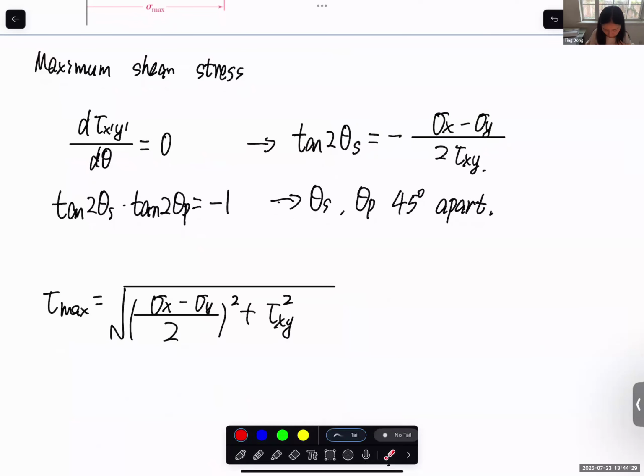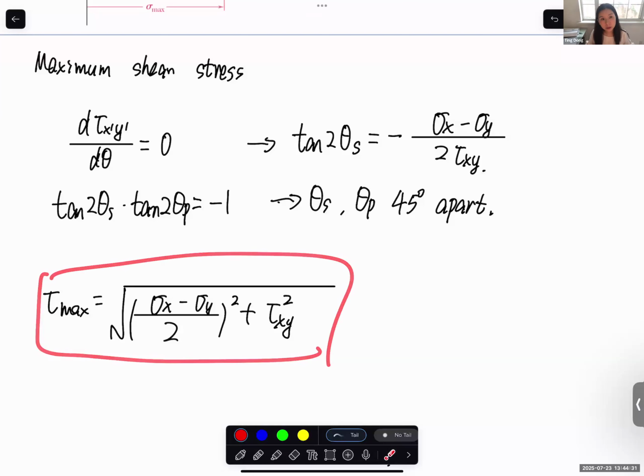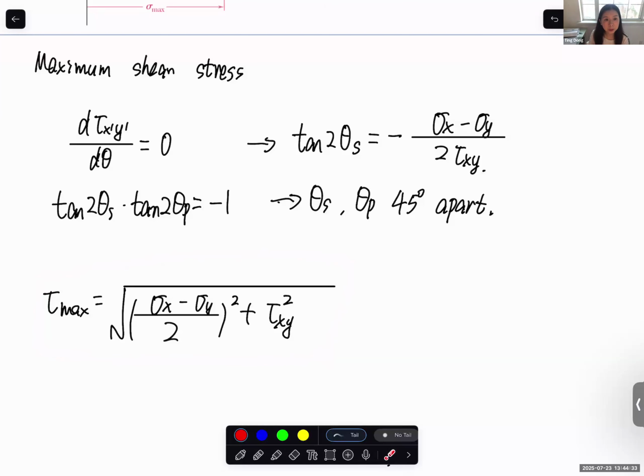And of course, all these equations you can use directly in your homework and exam. Let's also put this one clear: theta s and theta p mean that the maximum shear stress is 45 degrees to the principal stresses.